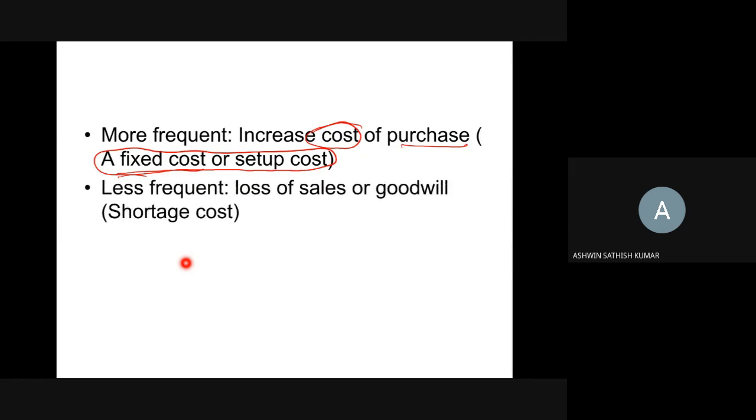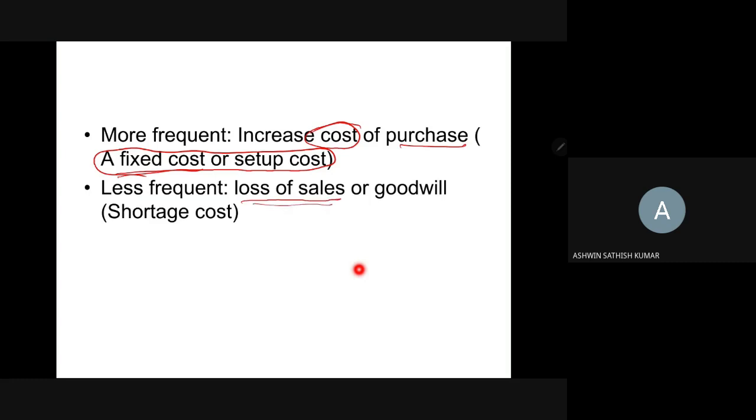If you are not frequently ordering, if you are not frequently procuring, then there is no item or less item in your inventory, that decreases the sale. It means there is a loss of the sale. If you are unable to fulfill the demand, naturally there is a loss of goodwill, a loss of customer satisfaction.